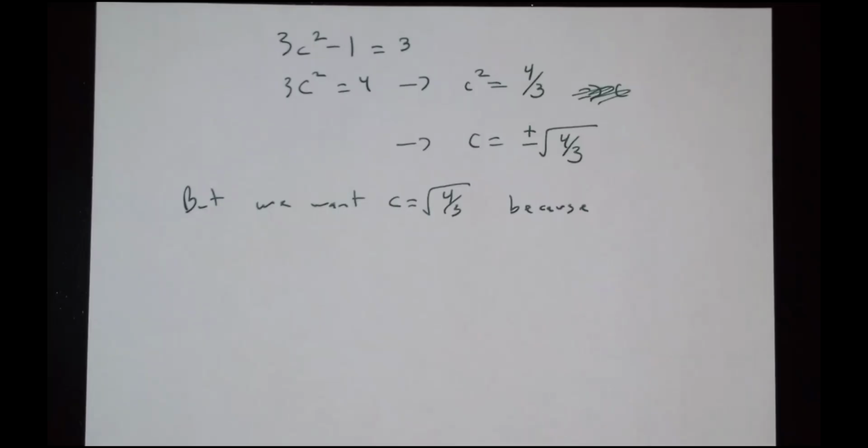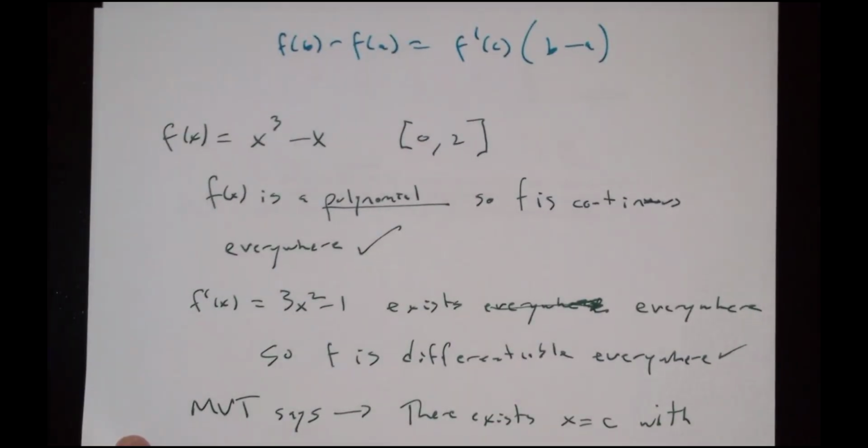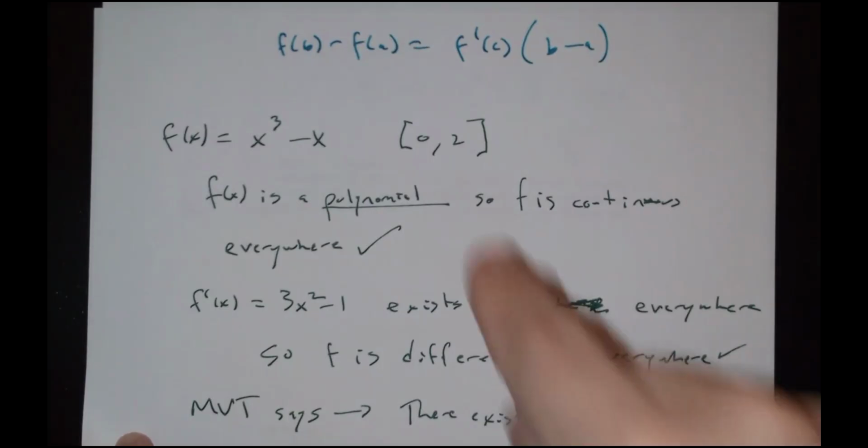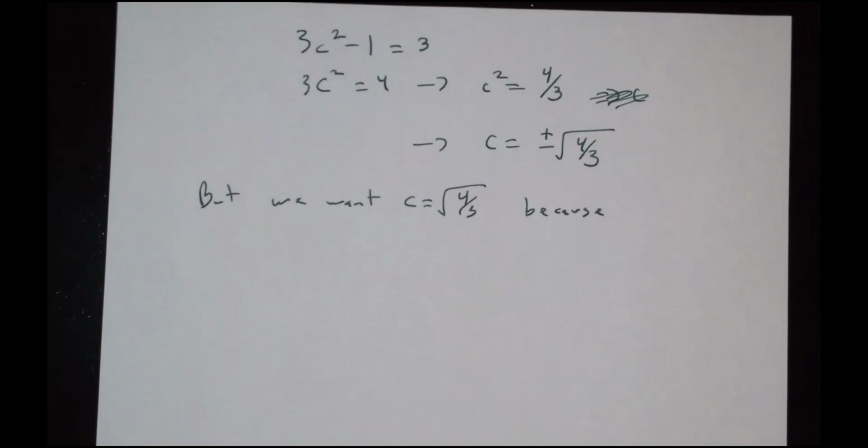Wrong problem. In our problem, I'm looking between 0 and 2. Same idea. I'm looking between 0 and 2. I can't use negative 1.1. I want the number that's in here. I didn't even write that part down when I said what the mean value theorem says.